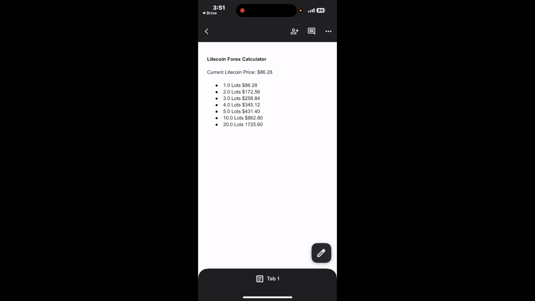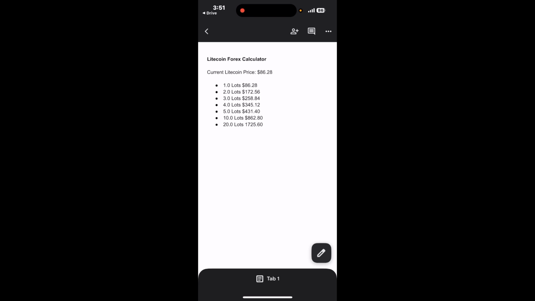Basically, your 1x is at 1 Litecoin, your 2x is at 2 Litecoin, 3x is at 3 Litecoin, 4x is at 4 Litecoin, 5x is at 5 Litecoin, and that's probably when you'll start noticing more results. 10x is at 10 Litecoin, 20x is at 20 Litecoin. And that's basically how you scale it up.